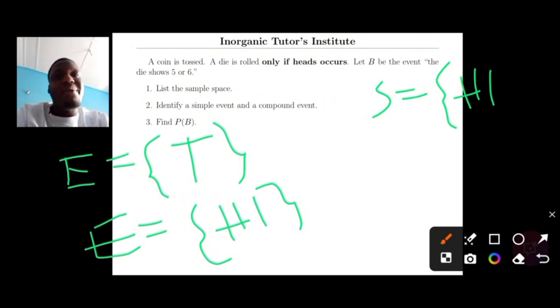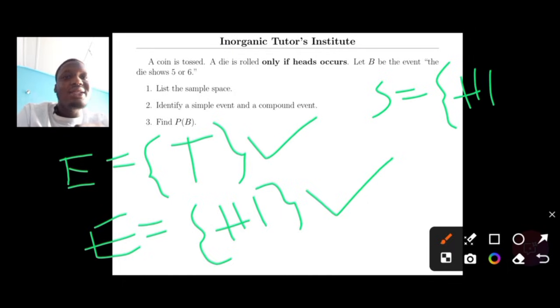Now you give a proper explanation to it. So the first one is the event of tossing a tail. That's the only way. You just toss the tail, nothing else. Or the event of tossing a head and rolling a 1.